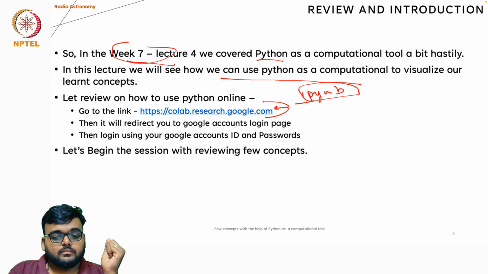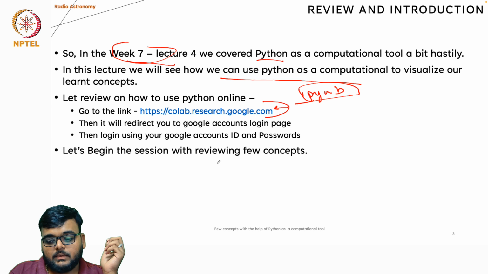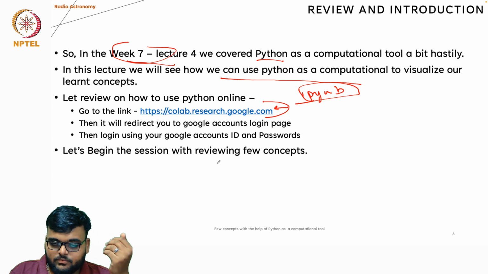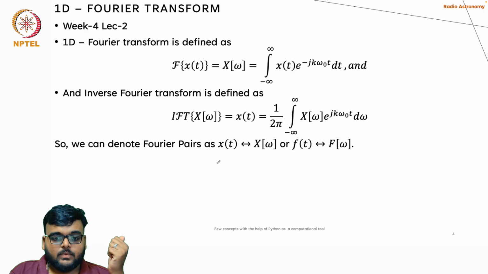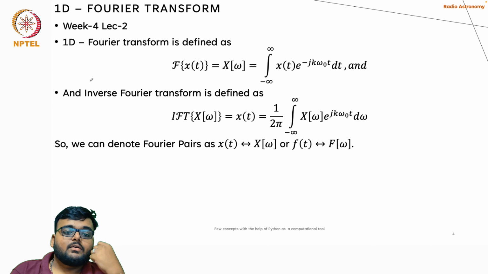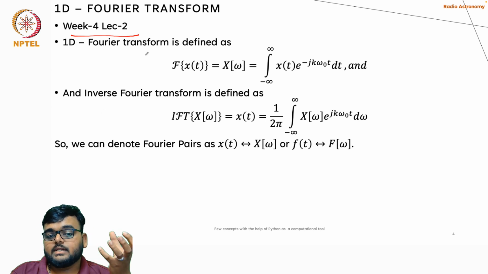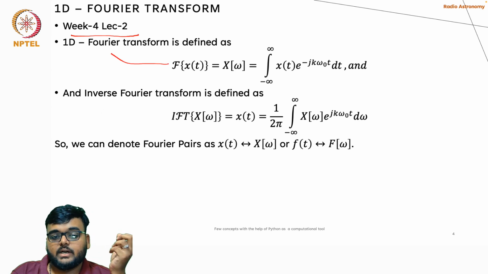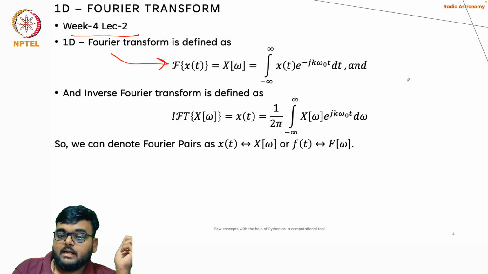Now before going to the Python scripting or visualizing our codes, we will quickly revise a few concepts. If you recall week 4 lecture 2, what we covered there was how the Fourier series converts into the Fourier transform, and the general equation is given like this.